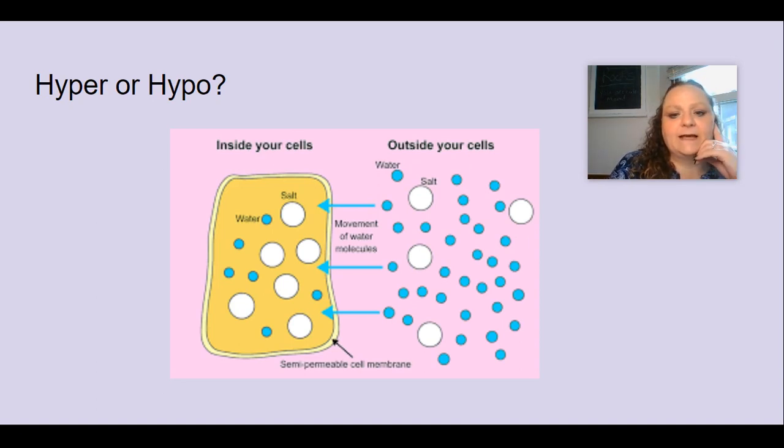And in this case, the high water concentration seems to be outside of the cells, which means that the low water concentration is going to be inside of the cells, which means that water is going to move in the direction it needs to in order to reach that equilibrium. So, water is actually going to move from the outside to the inside of the cell. In that case, we are talking about hypotonic.